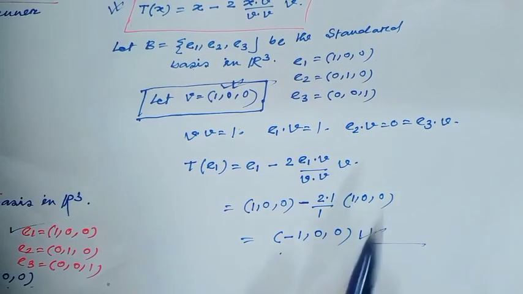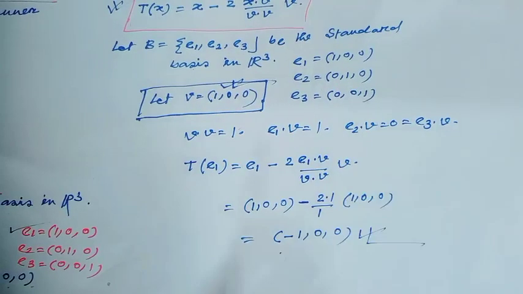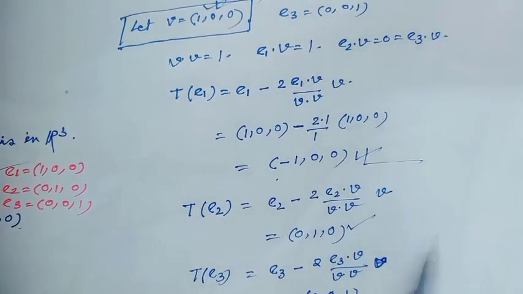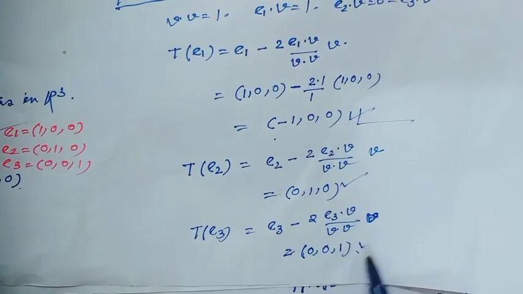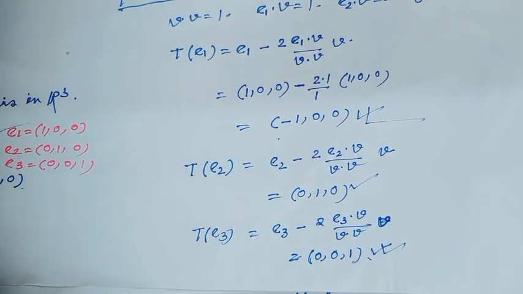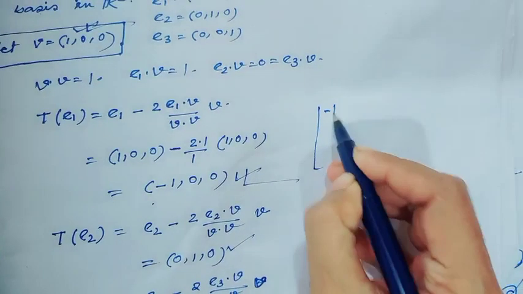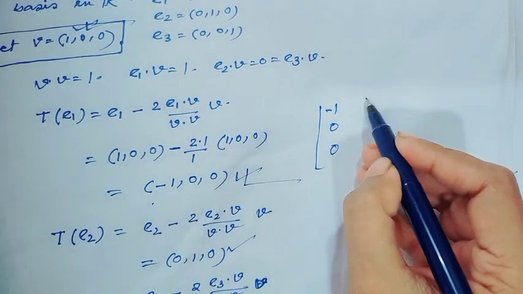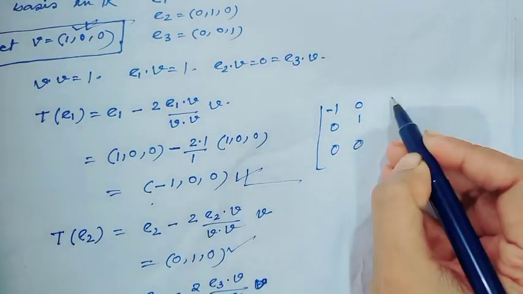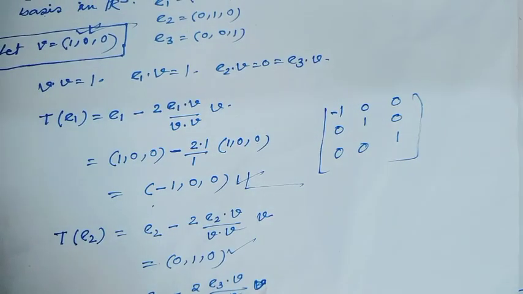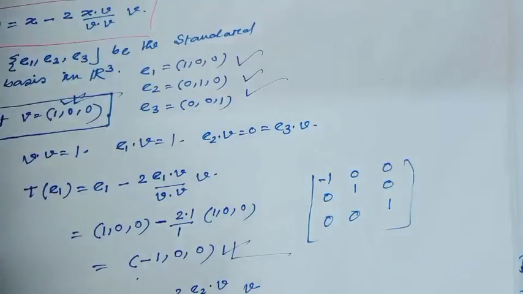Also we have to find T(e2) and T(e3). Similarly, T(e2) is (0, 1, 0) and T(e3) is (0, 0, 1). Then the matrix representation is: (-1, 0, 0), (0, 1, 0) and (0, 0, 1). This is the matrix representation with respect to the basis vectors e1, e2 and e3.